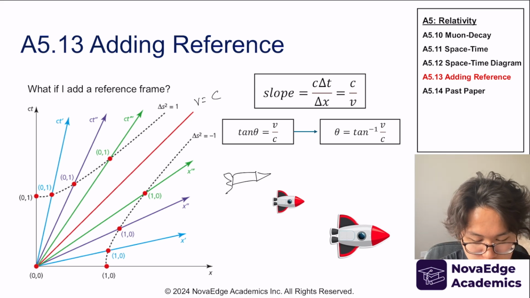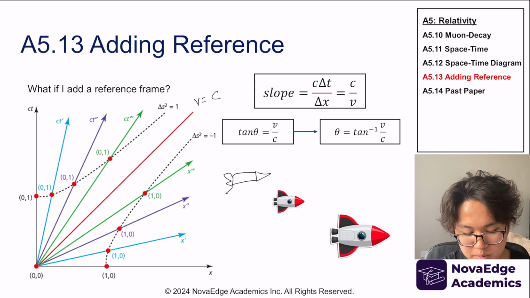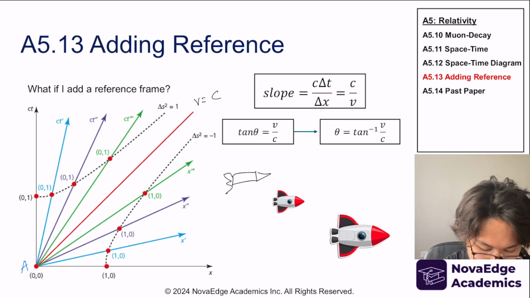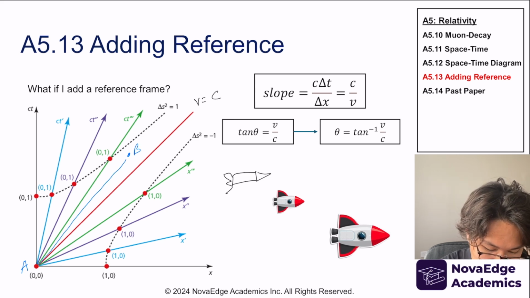And I also want to stress the fact that we can agree on all of these frames, the space-time interval is the same. So let's say I have an event A at the origin, and I have reference point B here. The interval delta S is going to be the same. Delta S squared is going to be the same.